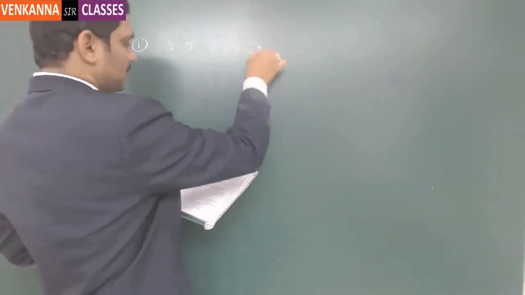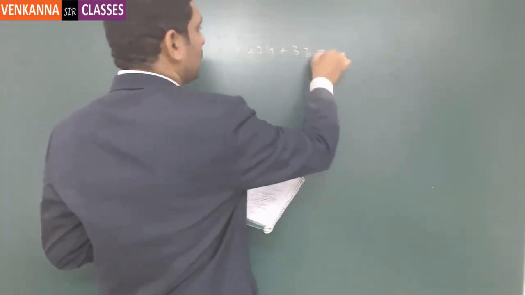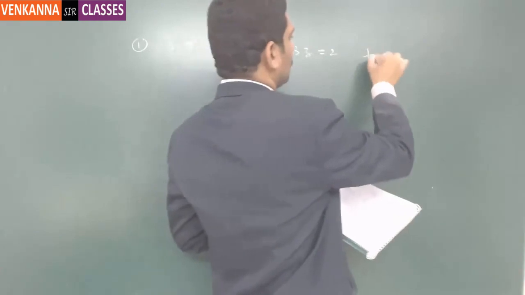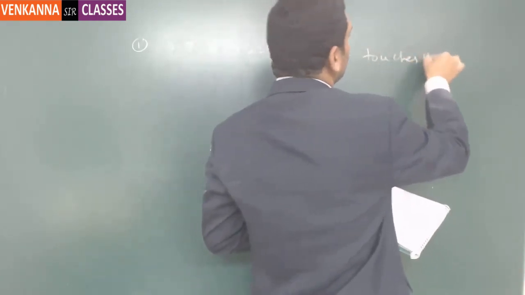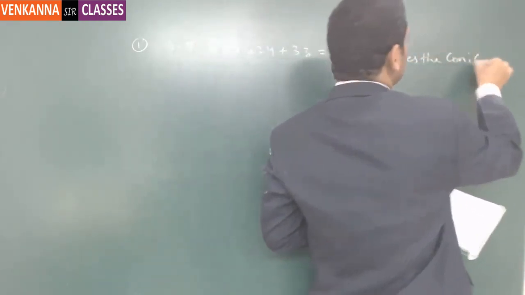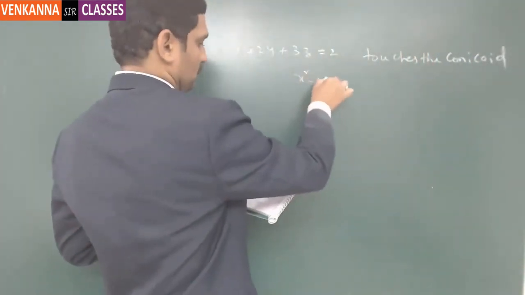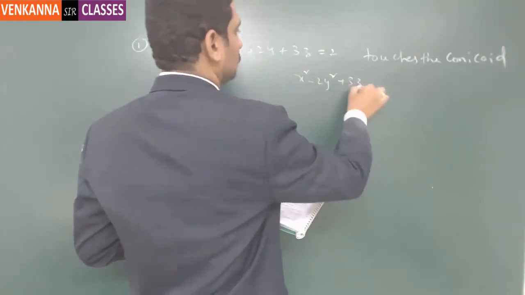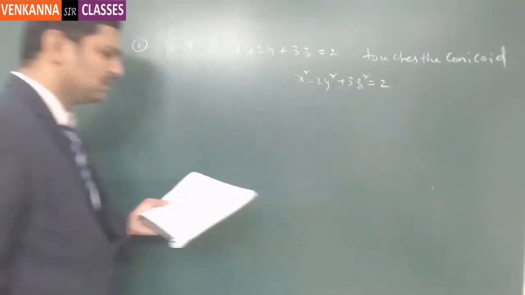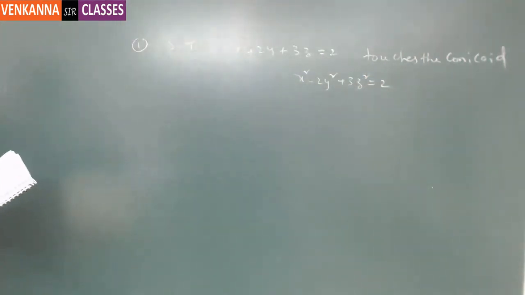Show that x plus 2y plus 3z equal to 2 touches the conicoid. If you have done it, you can neglect that; otherwise, practice this.